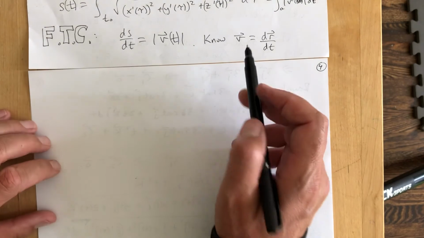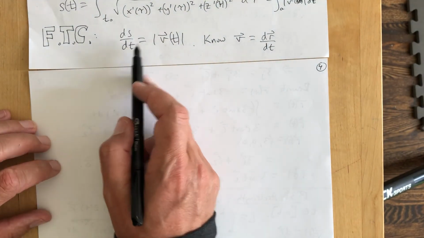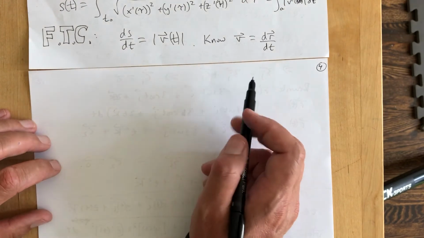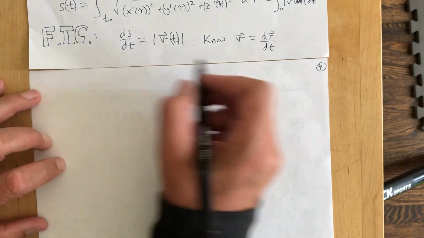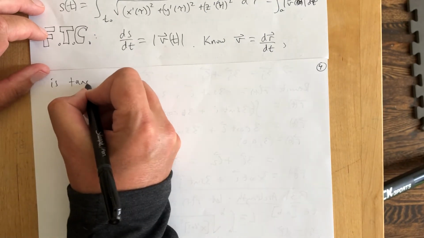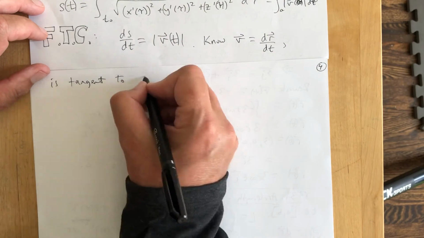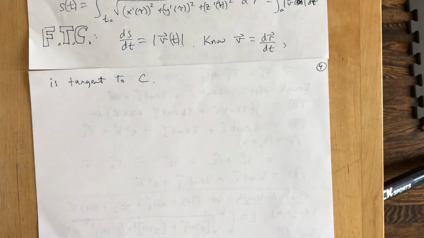So we know this vector v was equal to dr dt, and we know ds dt is the norm of v. So we're going to put these two together. And this vector v is tangent to the parametrized curve in the first place.